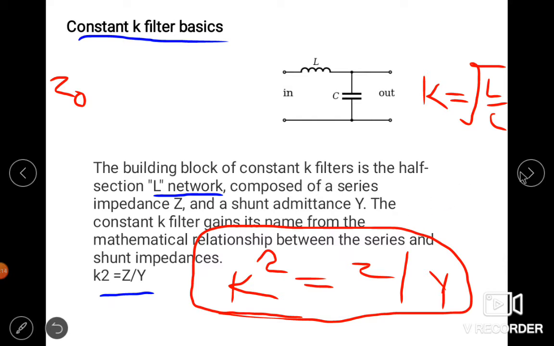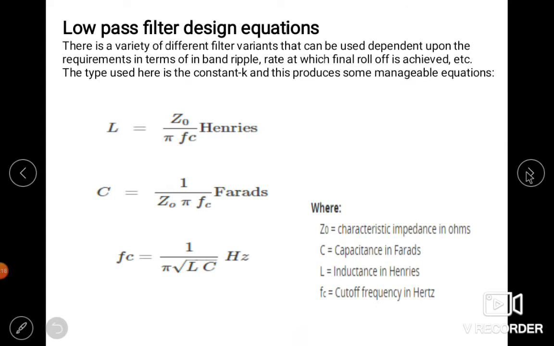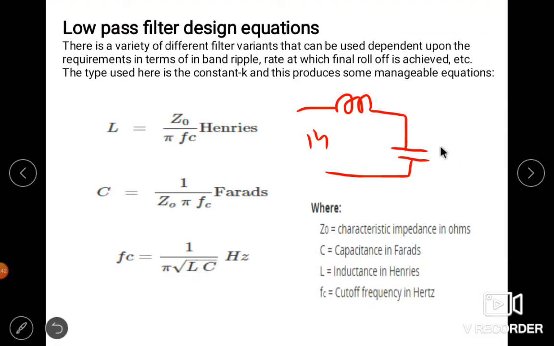If I make these two circuits over here, I have made here L and C, right? This is the input, and the output is taken here.